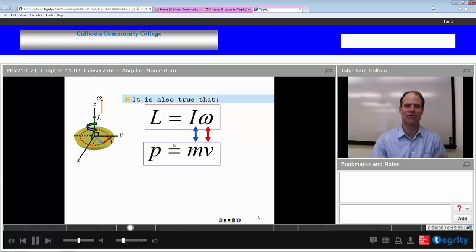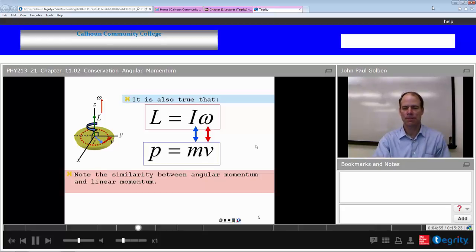So they have the same form as well, and those are logical substitutions, where the moment of inertia plays the same kind of role in rotations as mass does for linear motion. In other words, resisting changes in its motion, or inertia.